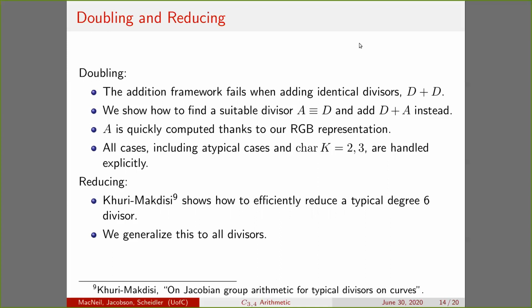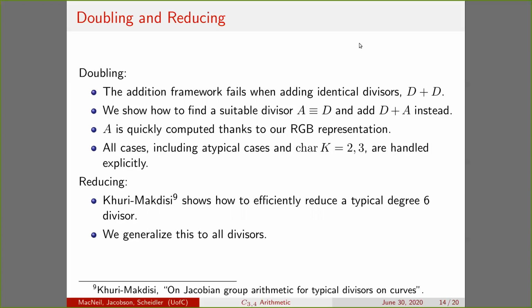Now this addition framework doesn't work when the two divisors that we're adding are identical. If we're adding D plus D, well, the quotient map that we're trying to compute the kernel and image of is actually just the zero map, and we don't get much information out of that. So when doubling, we show in our paper how to find a suitable divisor A that's equivalent to D, then we add D plus A instead.